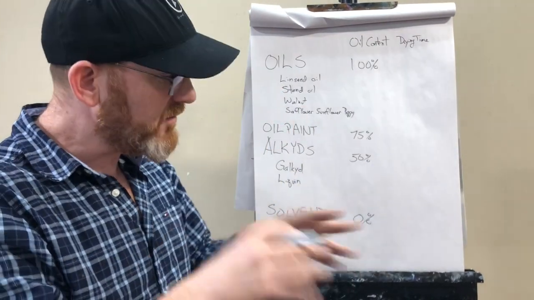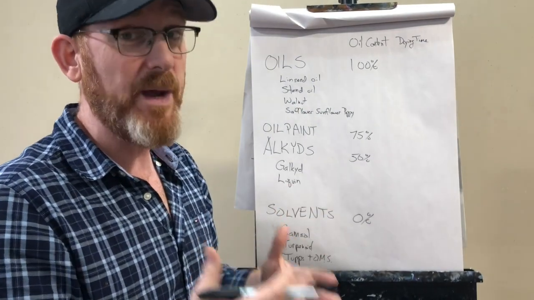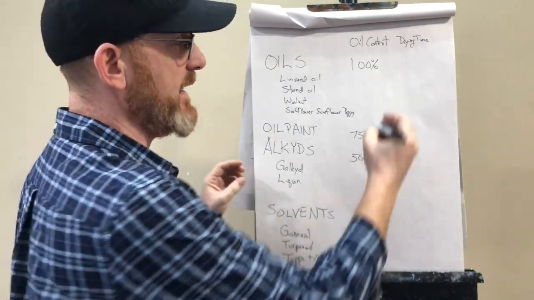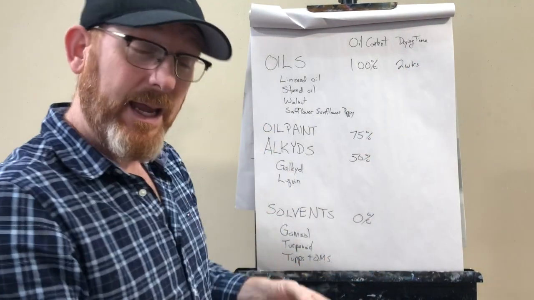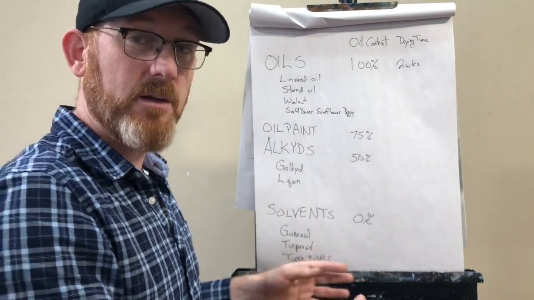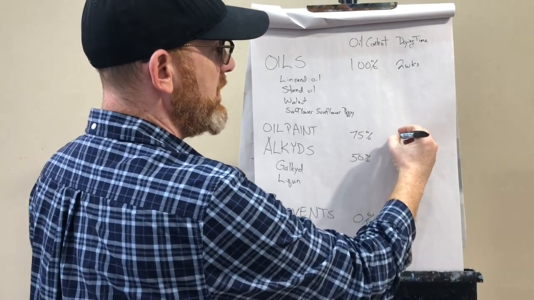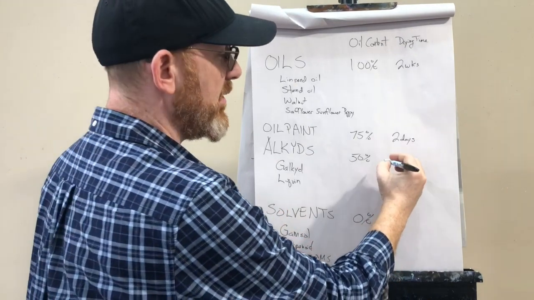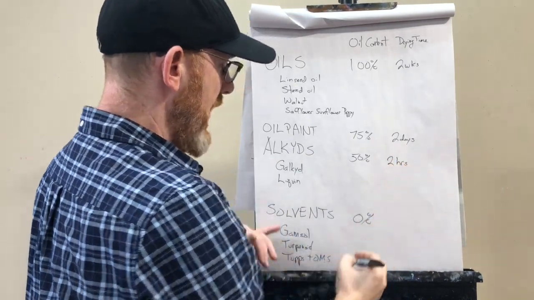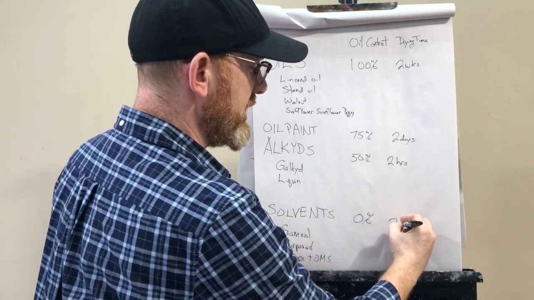The oils themselves, if you just left them out to dry, it would take about 2 weeks for them to really solidify and get to that solid drying time. So we'll call that 2 weeks. Oil paint, if you just leave your oil paint exposed to oxygen, it's going to take about 2 days to dry. The alkyds, much faster, about 2 hours. And your solvents, about 2 minutes.